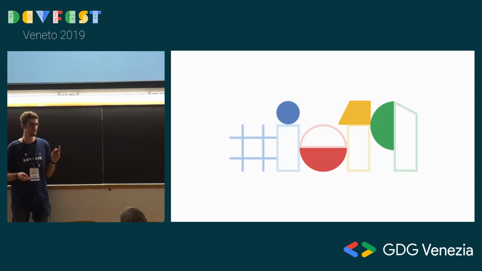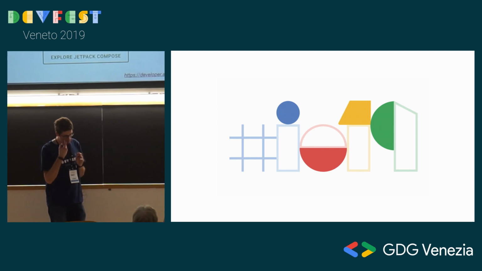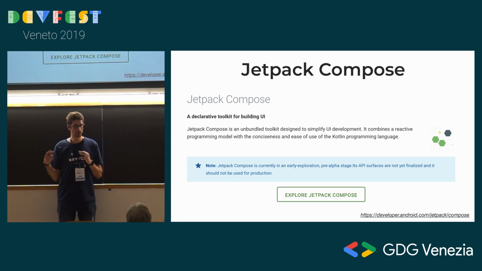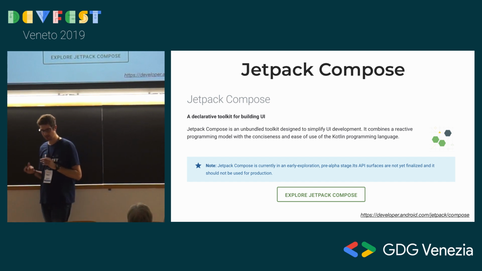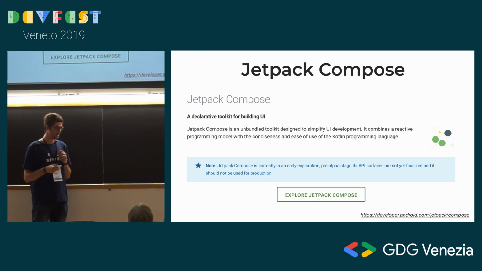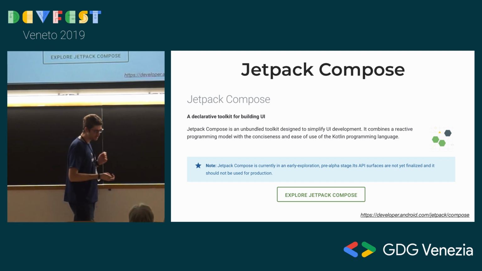In fact, in the latest Google I/O, Jetpack Compose has been introduced, and Jetpack Compose is a toolkit to build a UI in a declarative way on Android. It is based on Kotlin. If you want to try it, you can download the latest canary of Android Studio. It's not yet ready for production, but you can try it.